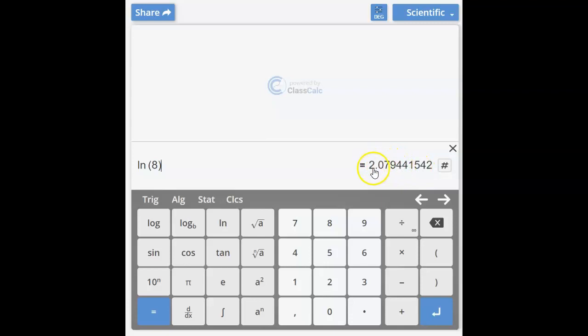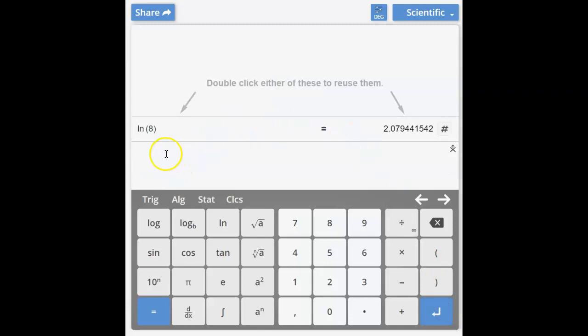And then you can round this off to the nearest hundredth, or to the desired decimal place, and then you hit enter to get to the next line. So suppose you want to evaluate ln of, say, 50, ln of 50, and then close that in a parenthesis. This is going to be the answer.